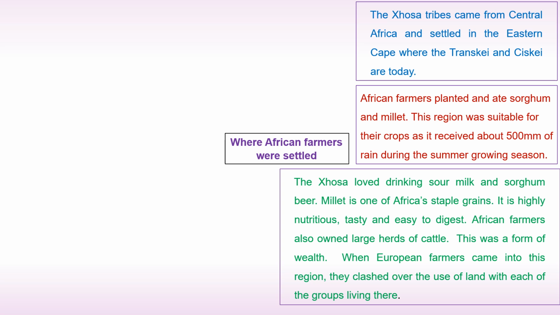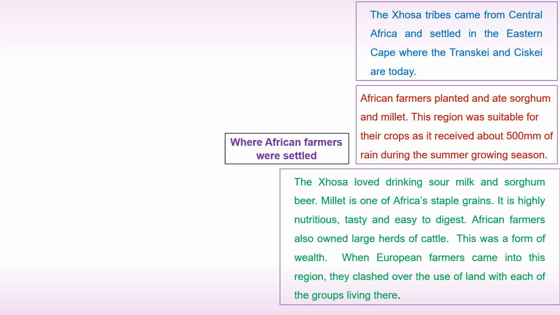Now, they loved drinking sour milk and sorghum beer, and millet was one of their staple grains that they used to eat. It was highly nutritious, it was tasty, and it was easy to digest. Now, the African farmers owned large herds of cattle, and it was a form of their wealth as well. So, the more cattle you owned, it meant the richer you were.